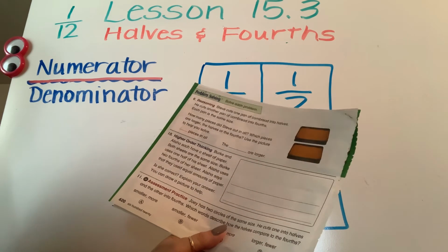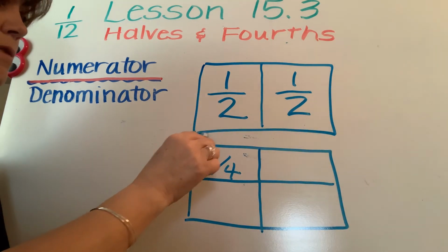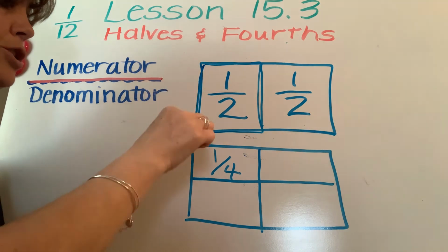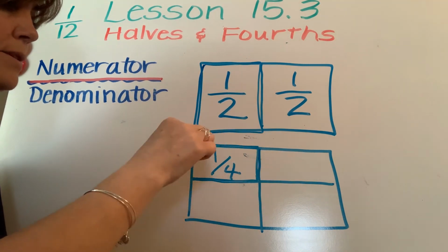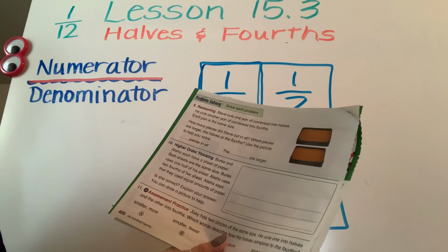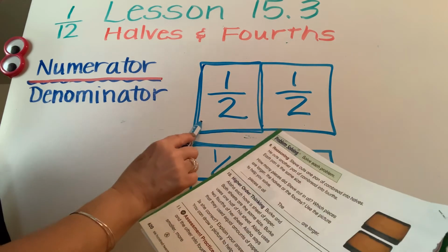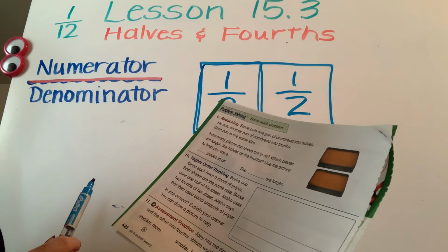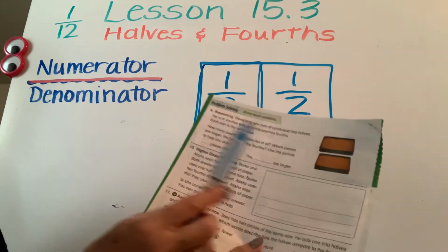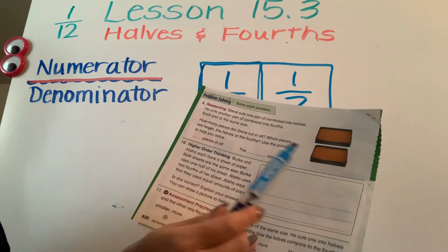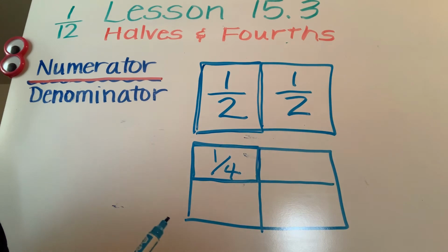Which pieces are larger? Are the halves larger, or are the fourths larger? Luke, what do you think? Absolutely, the half is larger. And use the picture to help you solve it. Well, I guess we just solved it, didn't we?